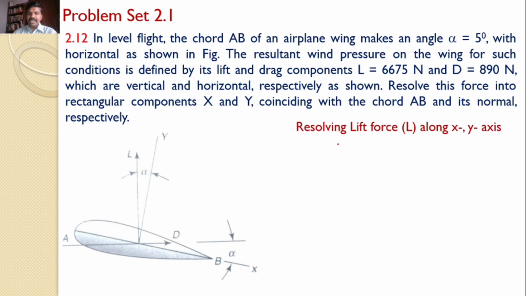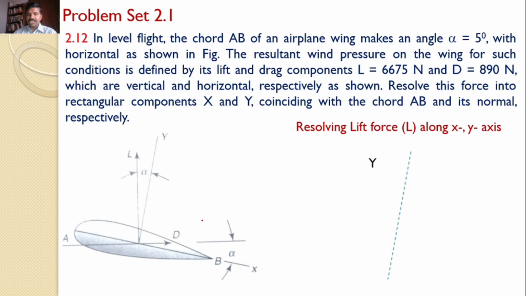First let us consider the lift force by resolving the lift force along x and y axis. Let us redraw that x and y axis, transferring them onto a separate plane.